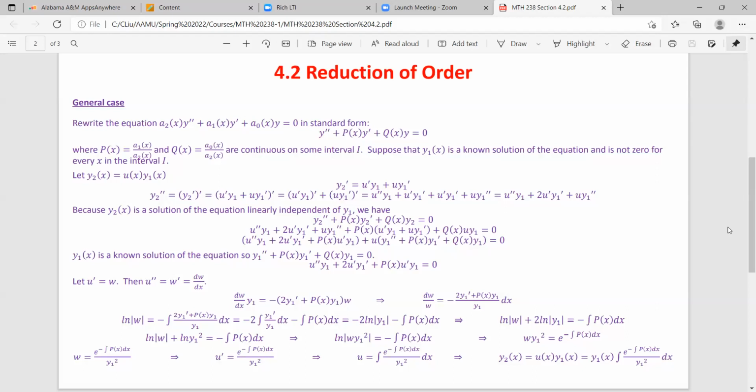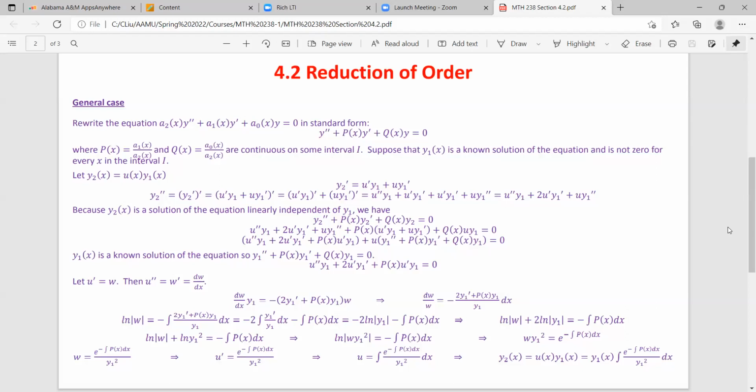And then we're going to group 3 terms: u double prime y1 plus 2 times u prime y1 prime plus p times u prime y1, and then group the other 3 terms: u y1 double prime plus p times u y1 prime plus q times u y1.